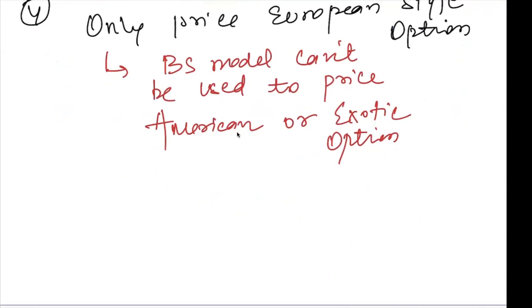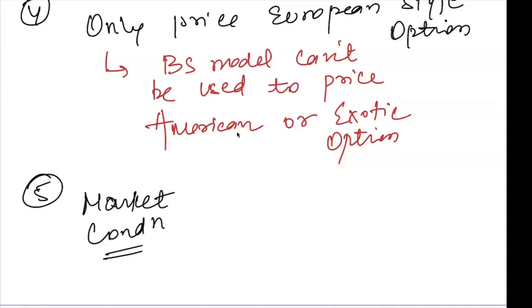Fifth is the market condition assumption. We assume that there are no transaction costs, that it's a perfect market, but in reality there are transaction costs, and we do see friction in the market.